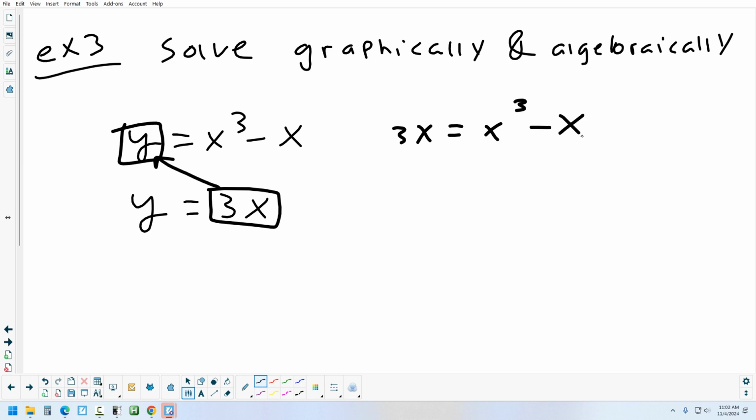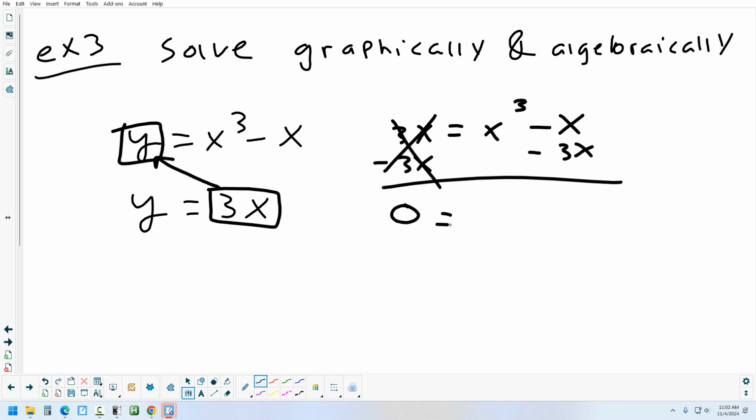And generally, when we're solving equations that are higher than linear, we try to get what number on one side? 0. Yes, we try to get 0 on one side. And what would that give me on the right side? X cubed minus 4x.